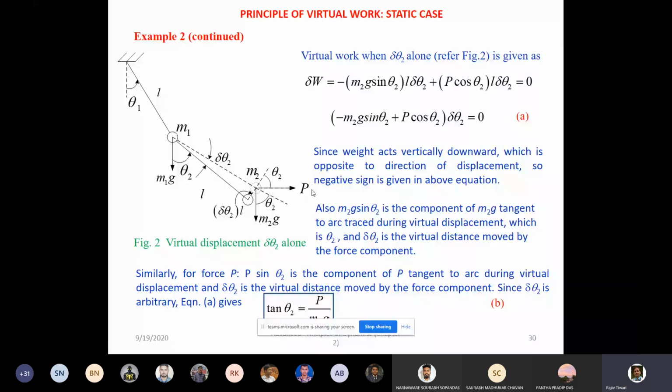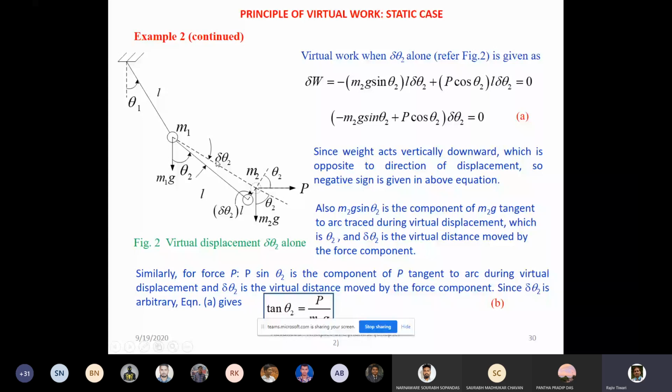Now we are giving a virtual displacement, because theta 1 and theta 2 are the real displacements which we want to find out. We are giving the virtual displacement only to theta 2 first, then we'll give it to theta 1 also. For the time being, we are giving a small virtual displacement, delta theta 2.